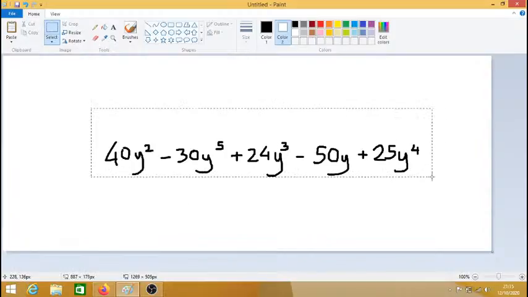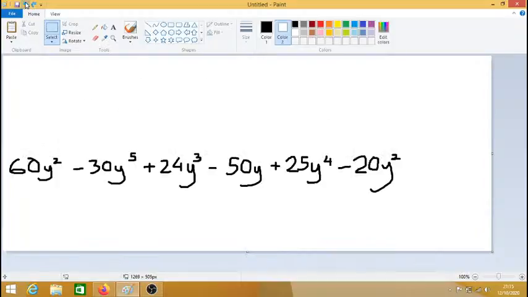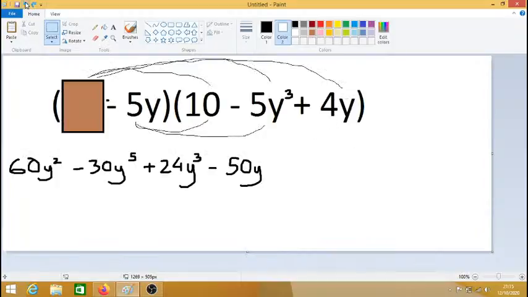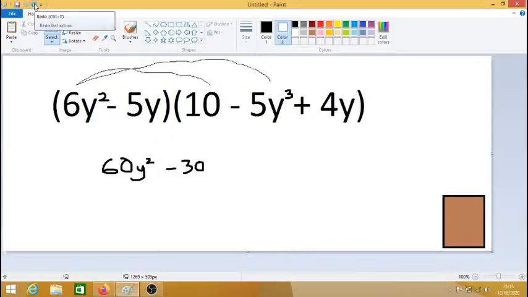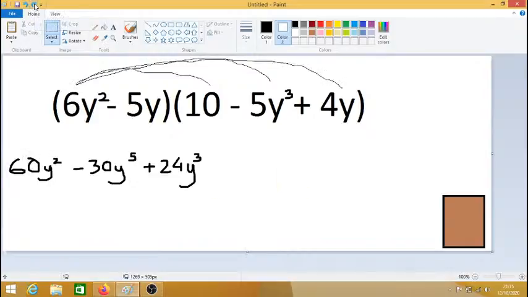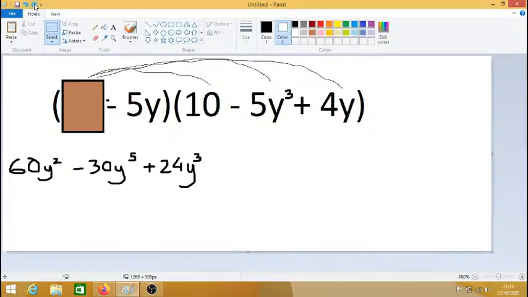And just do a quick replay of the main technique. So when you've got quite a lot in both brackets, you just want to try and cover up and focus on the first bit, which is the 6y squared, multiply that through, and then because you don't want to lose focus of what's been done and what's not been done, just cover up the thing that you've worked on, just leaving the next thing that you have to work on.